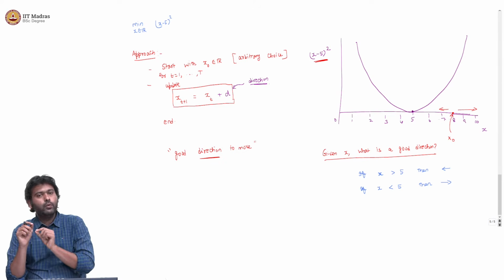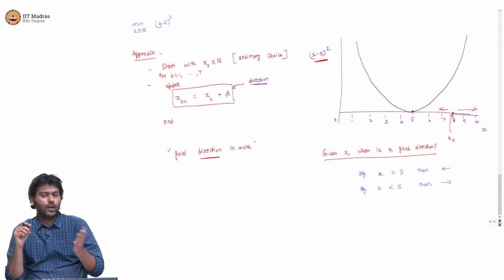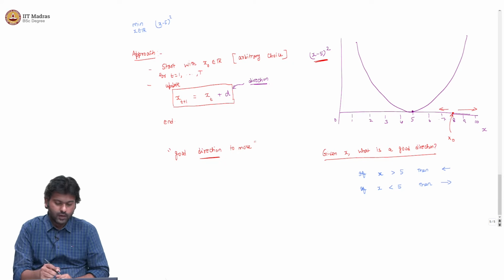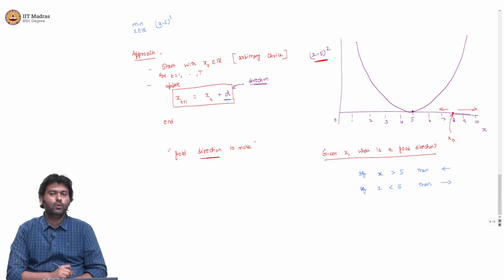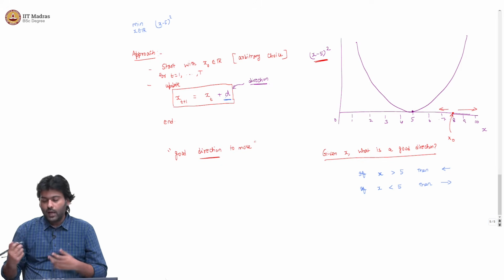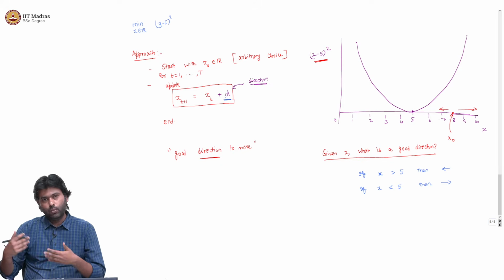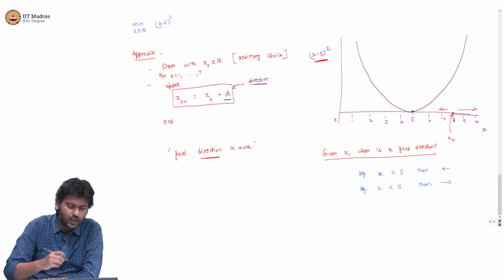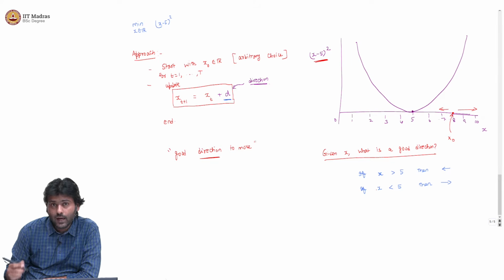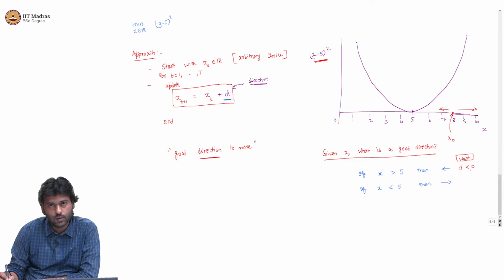Moving to the left means decreasing your value, which means adding a negative value, so d is negative, and moving to the right means your d is positive. So, equivalently, if x is greater than 5, we want a d such that d is less than 0. If x is less than 5, then we want a d such that d is greater than 0.